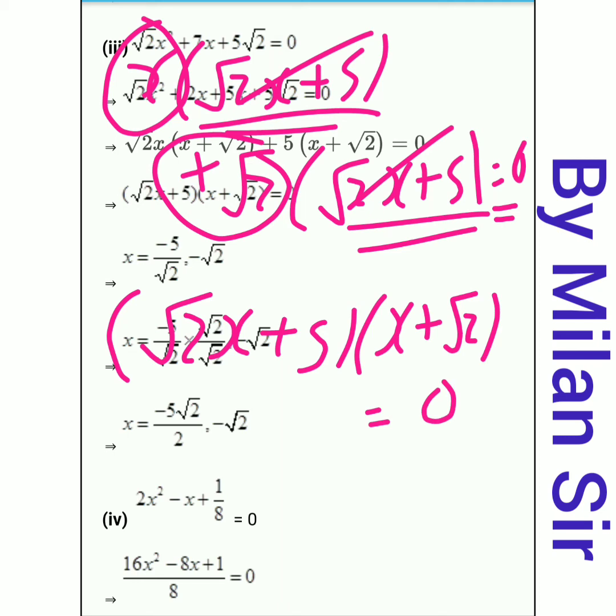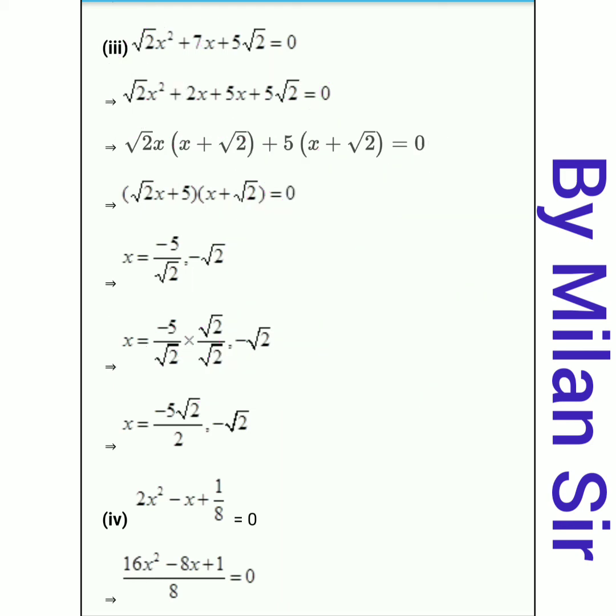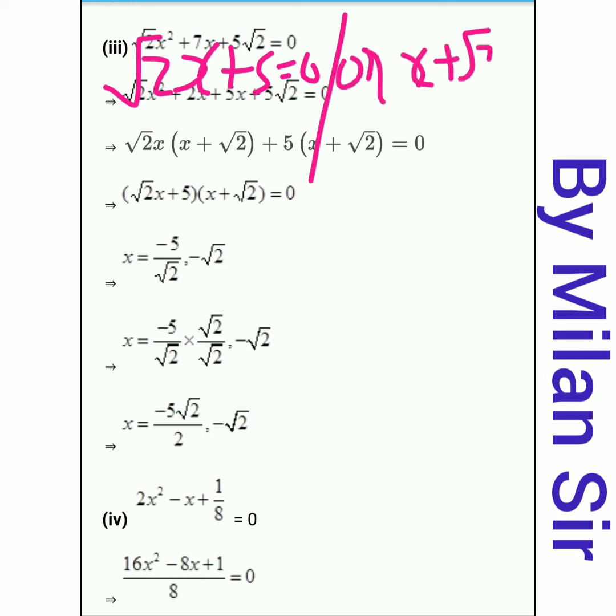Now from here we can say that our first bracket is 0, otherwise the second bracket is equal to 0. So here we have under root 2x plus 5 equal to 0, otherwise x plus under root 2 equal to 0. Now transfer this 5 to the right hand side, because we need to find our x, so minus 5.